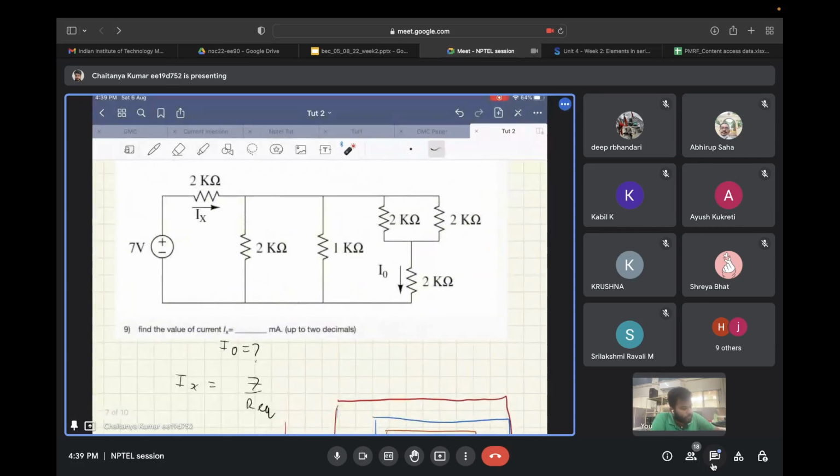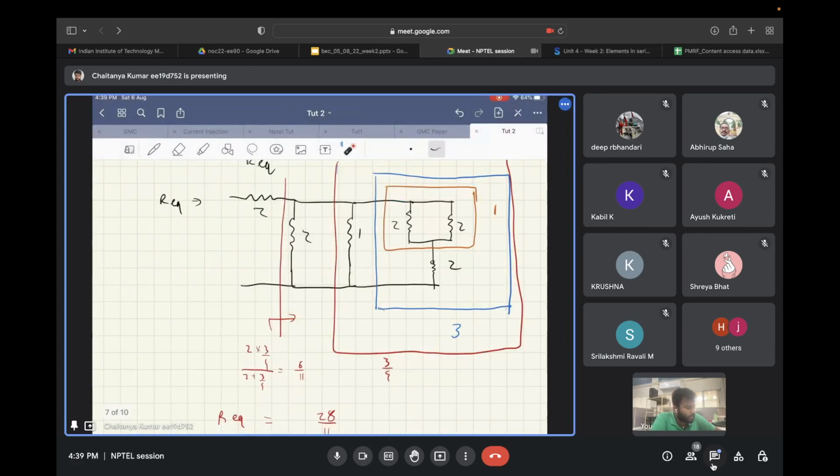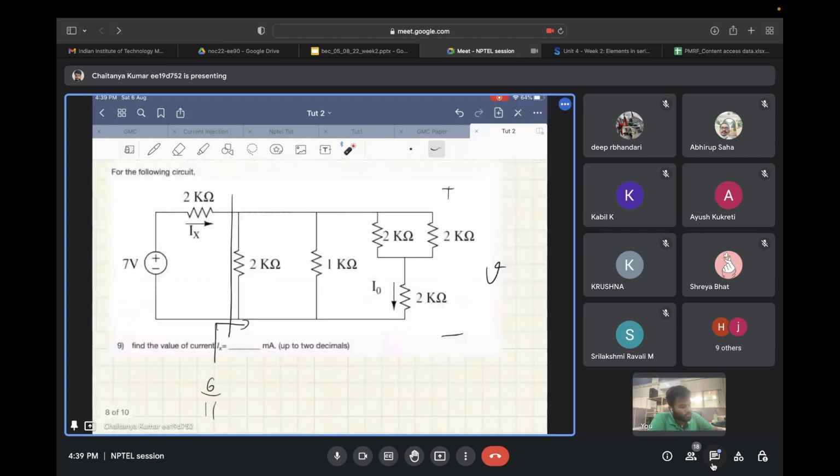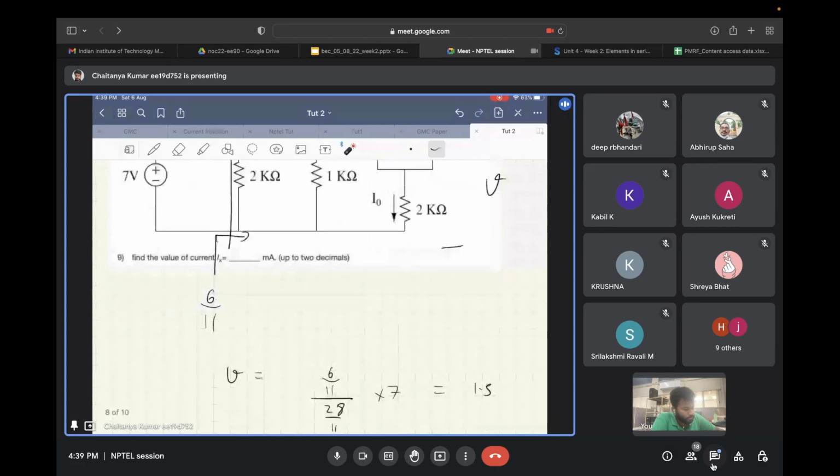You have this looking-in resistance as 6 by 11 kilo ohms that you calculated during the process. Then you will apply the resistor divider. You are familiar with a resistor divider, I suppose.